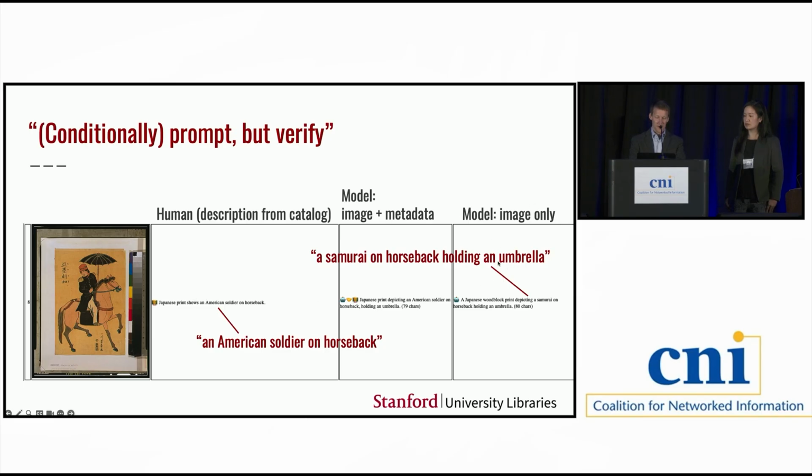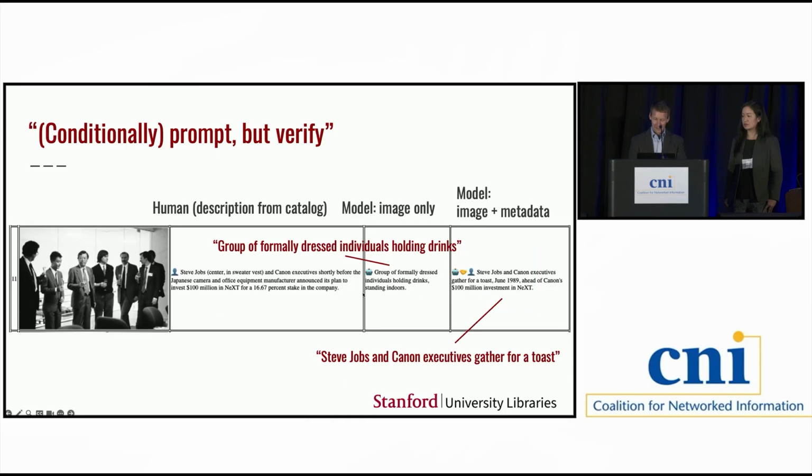The image-only description notices that there's an umbrella, which the human description doesn't include. But the human description provides some details that the image description is missing, such as the fact that it's an American soldier. So we get a nice combined, collaborative outcome for the alt text.